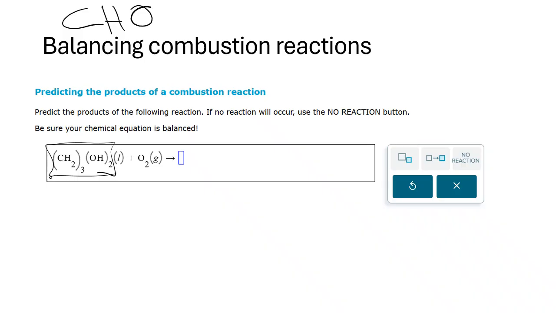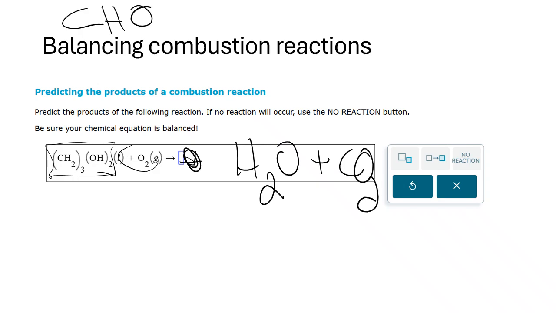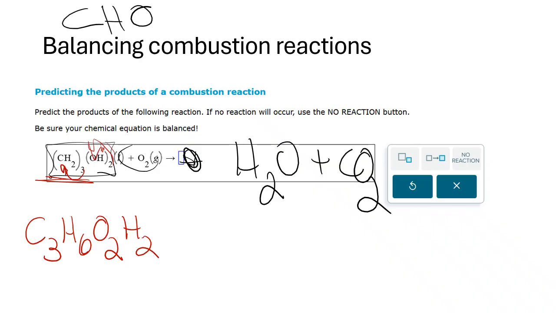We have a carbon-based compound, we have an oxygen, and you always know it's going to produce H2O and CO2. So first we're going to just write it in. I multiplied that 3 into those. I got C3H6O2H2.